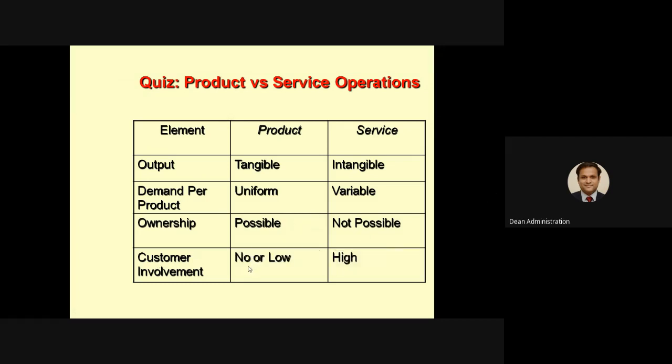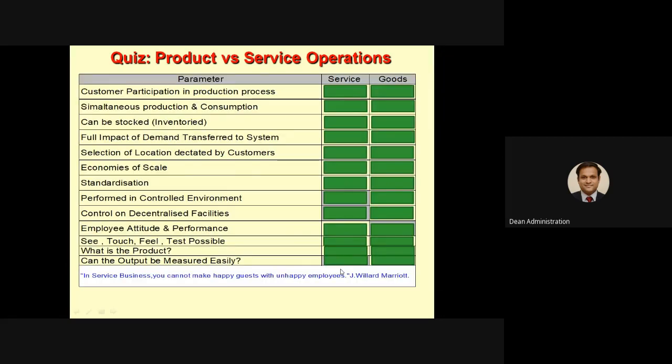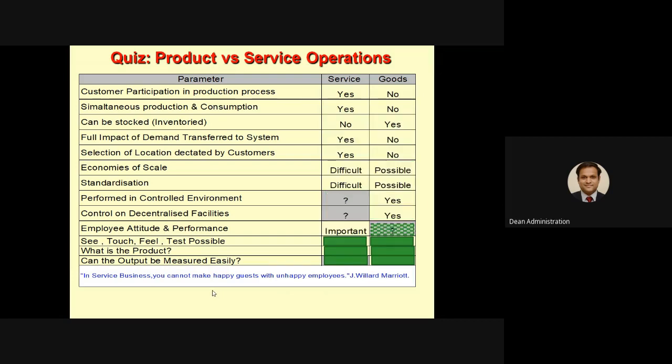Customer involvement in a product is not too much; you just have some market feedback. But with services, you will have more interaction with customers, therefore high amounts of interaction. Then I'll share this slide, and you can do this yourself. It will be quite interesting.